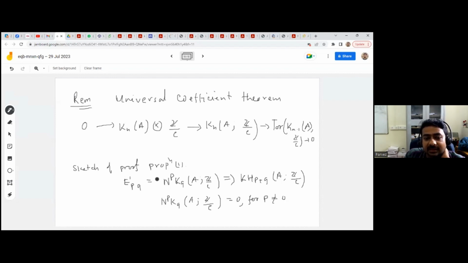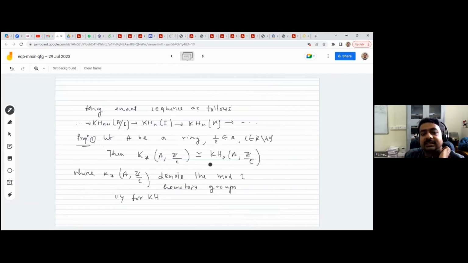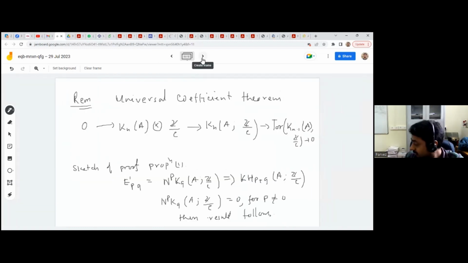Then the result follows. One can then say that the map becomes an isomorphism between K theory and homotopy K theory. So I will stop here.